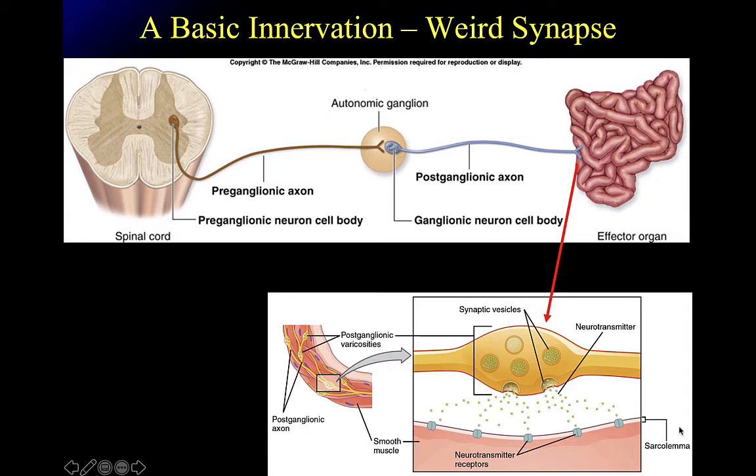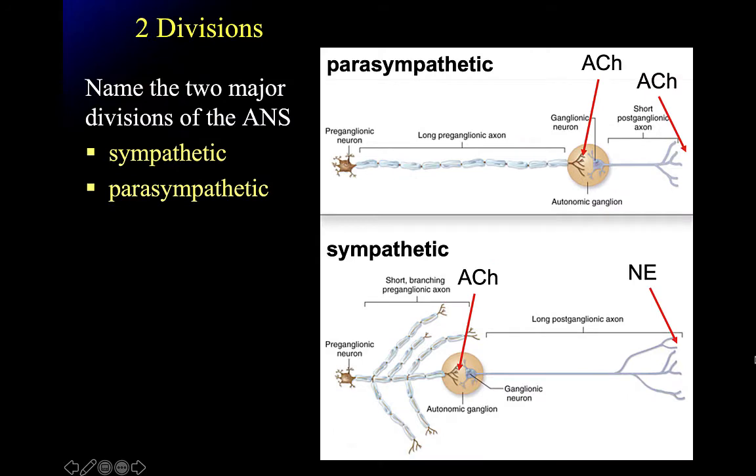In this case, this is muscle. We have the sarcolemma as the plasma membrane on the outside containing those neurotransmitter receptors. This means we can synapse with a long organ like an intestine, and it makes sense that it's a little different than when we synapse with individual muscle fibers.